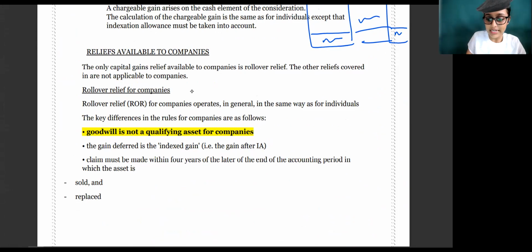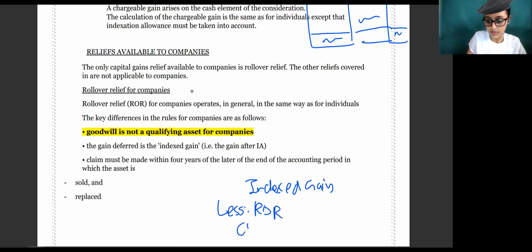So it is after the indexed gain that you do all those ROR adjustments. Indexed gain less ROR gives you your chargeable gain. All right, that's how you calculate chargeable gain when there is an ROR for companies.